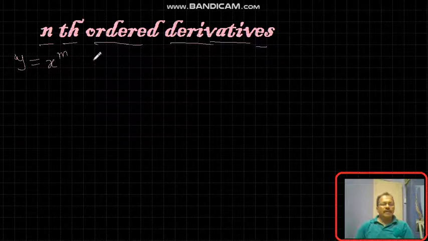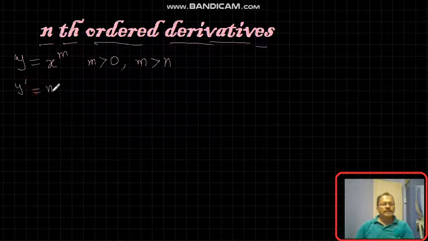Here I am considering m as a positive integer and I am considering one n which is smaller than this m. The first derivative of this, y dash, is m into x raised to m minus 1.